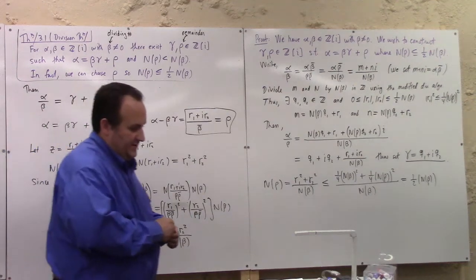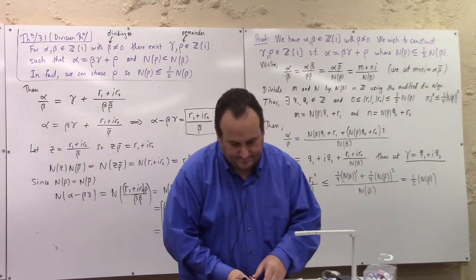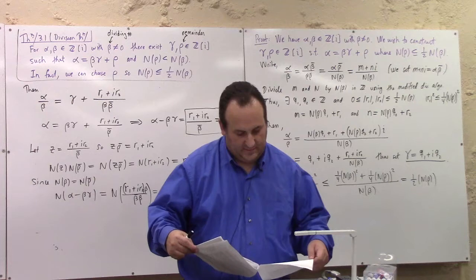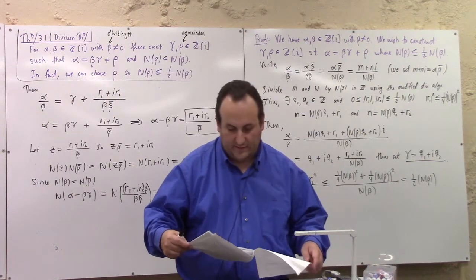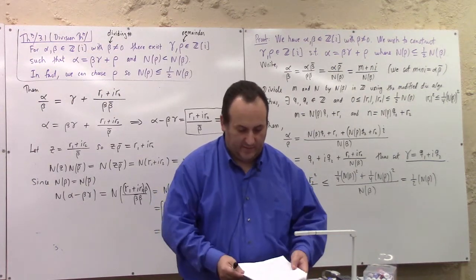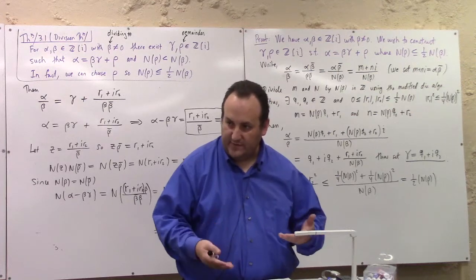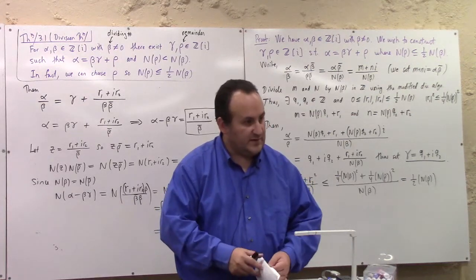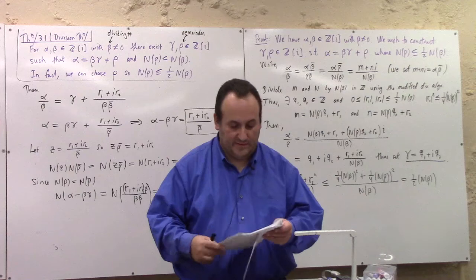So let me tell you what's coming up. Next we'll look at more examples of division in Gaussian integers, and we'll start talking about the relative primeness of Gaussian integers. There's a Euclid's algorithm for Gaussian integers.